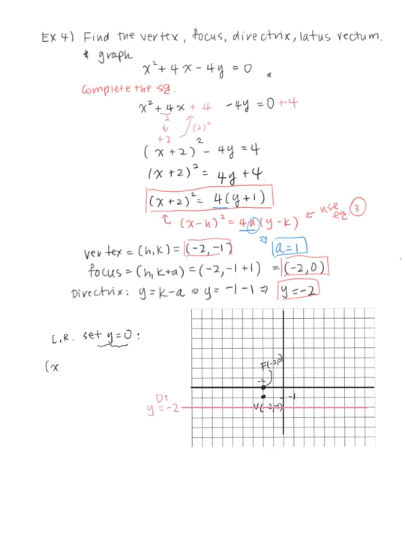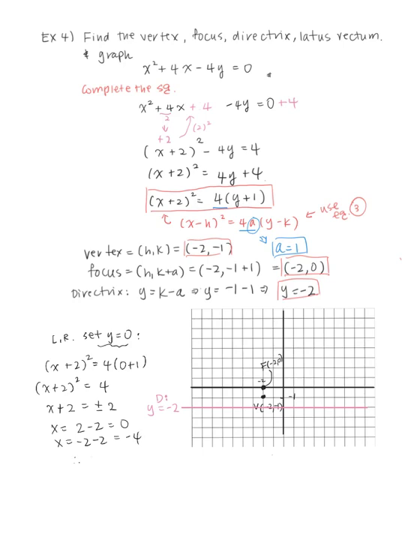Then we have (x plus 2) squared equals 4 times (0 plus 1). So x plus 2 is plus or minus the square root of 4, which is 2. So x is either 2 minus 2 or -2 minus 2, which is 0 and -4.